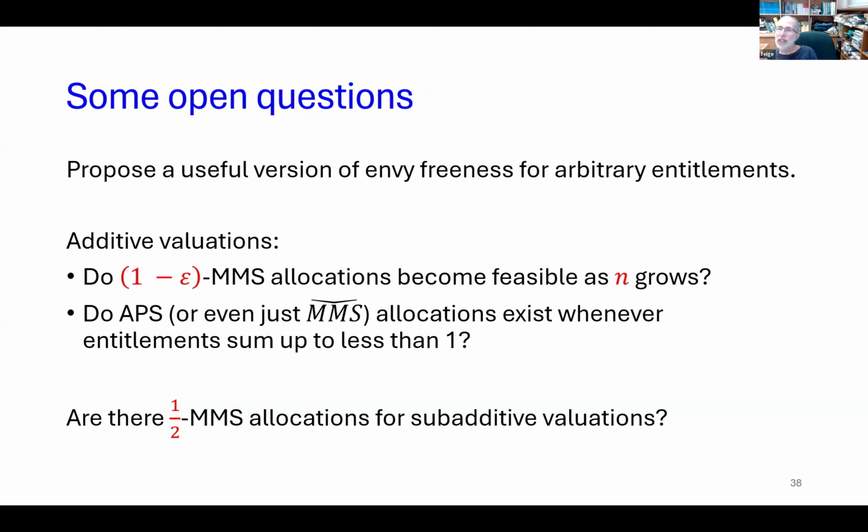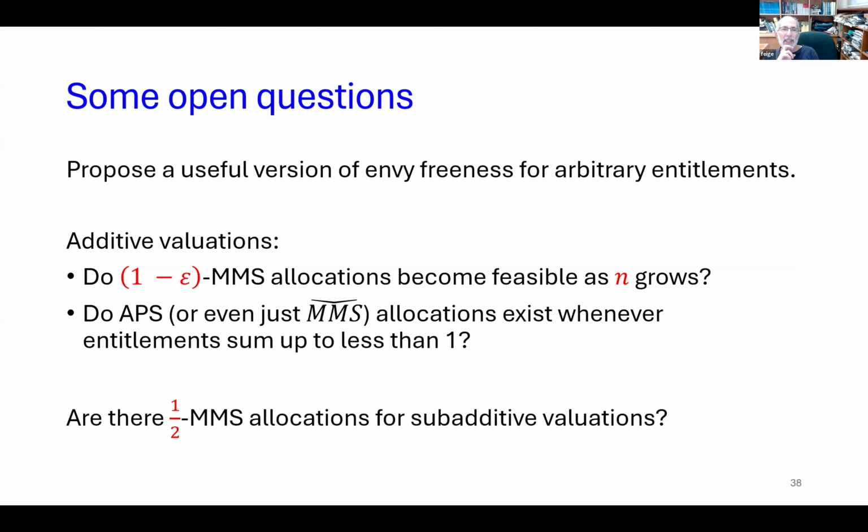There are notions of weighted envy-freeness, for example, that were introduced, but if you use them to divide a homogeneous good, when agents don't have additive valuations but other valuations, it does not give the proportional allocation. So it's not clear what a good notion of envy-freeness would be in the case of unequal entitlement.